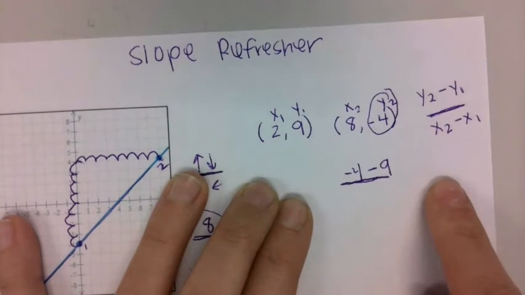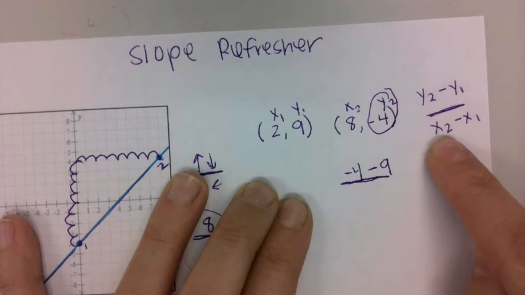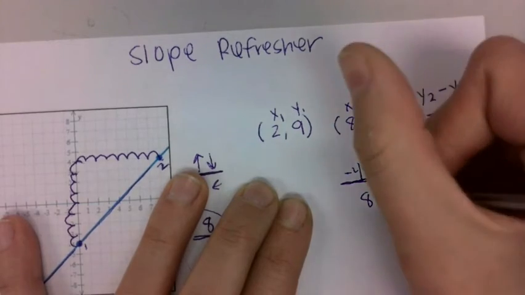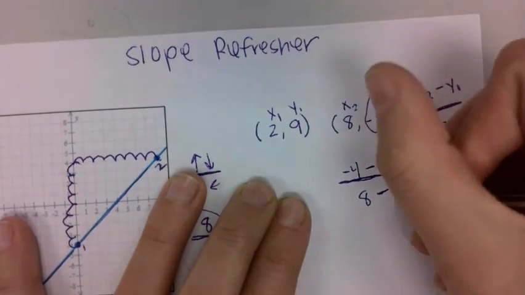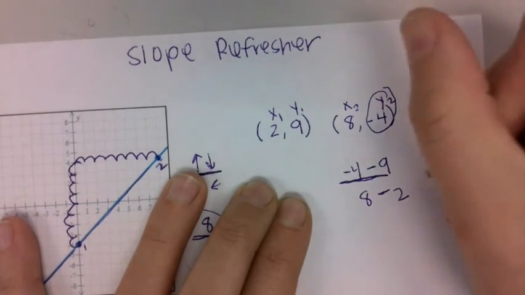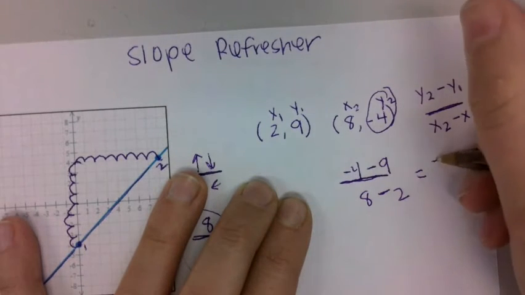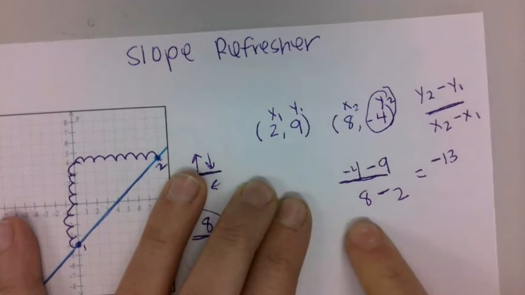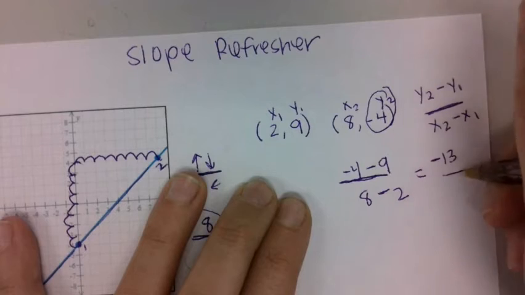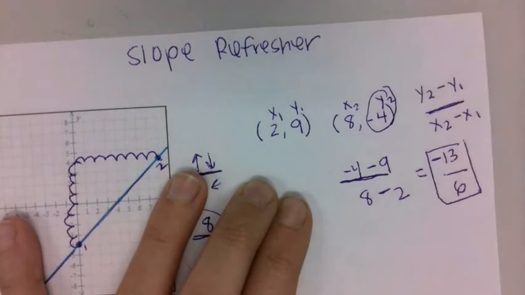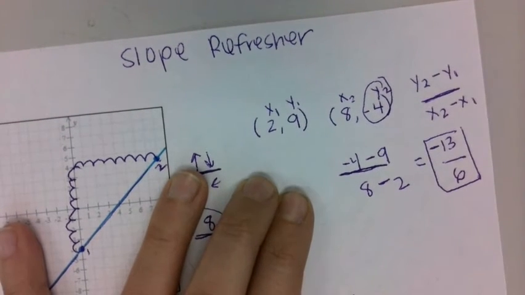Then I'm going to fill in the bottom, x2, which matches to 8, minus 2. And I would just type this into my calculator. -4 minus 9 is -13, and 8 minus 2 is 6, and I check to see if I can simplify it, and I cannot, so that would be my final answer.